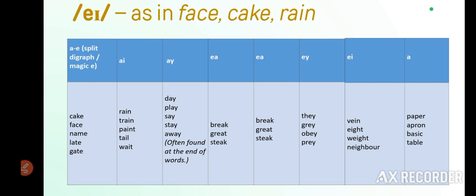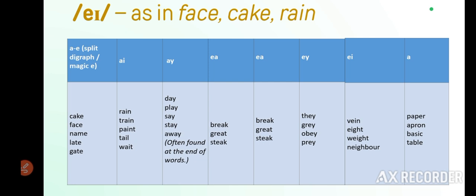What is phonogram? Phonogram is a combination of two or more letters to form a sound. We can say two or more letters or two or more graphemes.